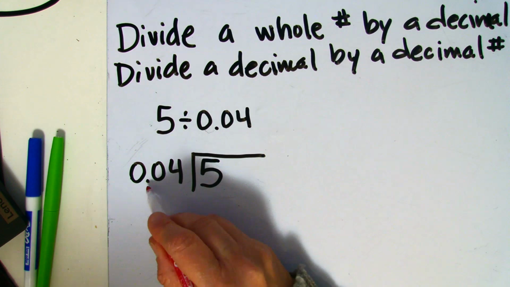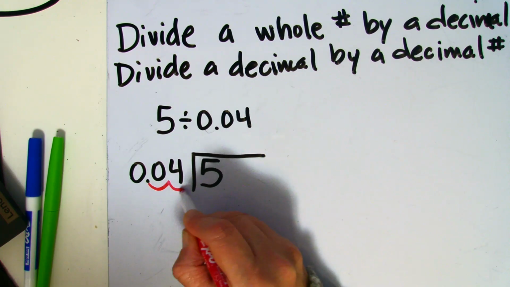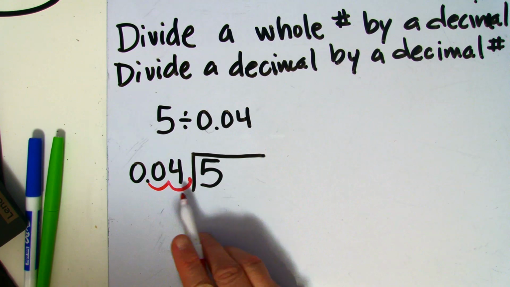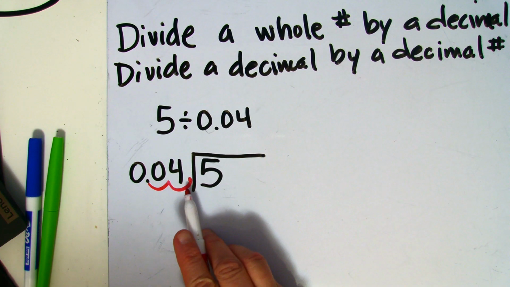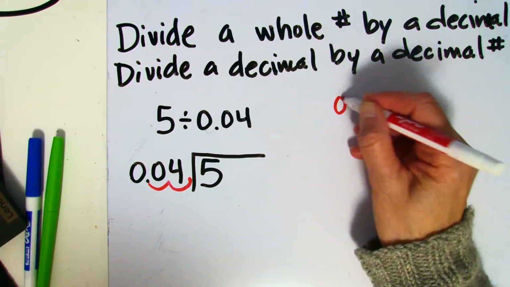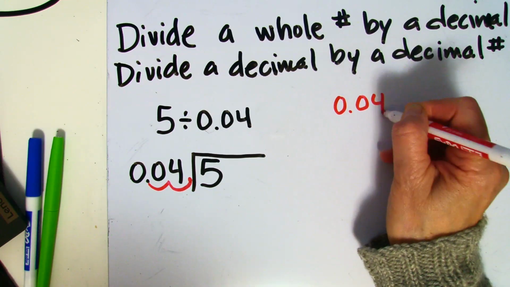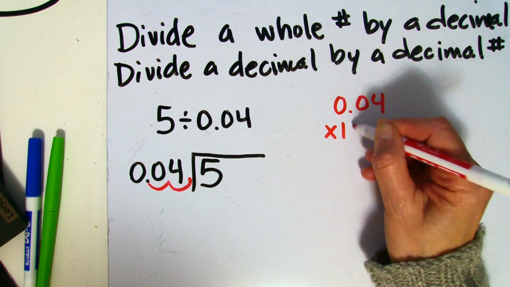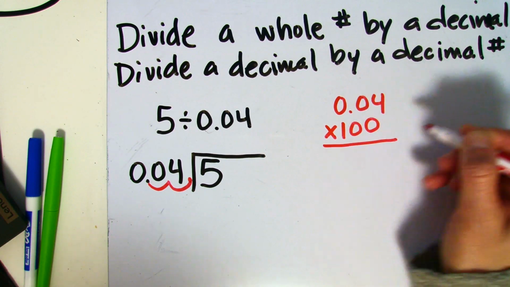In this case, if we move it over 2 spaces, it's past the last digit. What we're essentially doing is we're taking 4 hundredths and we're multiplying it by 100. Let's see what we get.